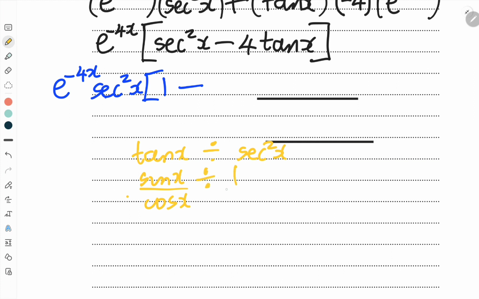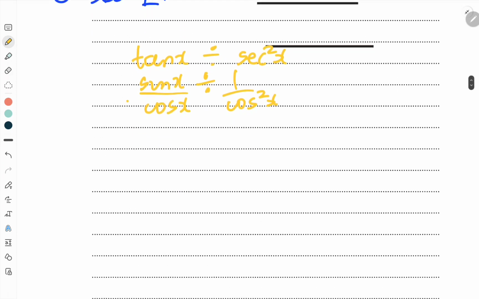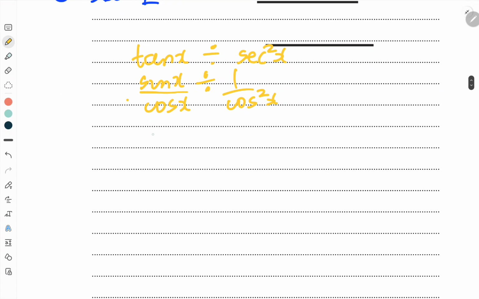divided by sec squared. We know sec squared is 1 over cos squared x. And then this will turn into sine x over cos x multiplied by cos squared over 1. And then cos and cos can cancel. I get my cos x. All right, so our answer is sin x cos x.